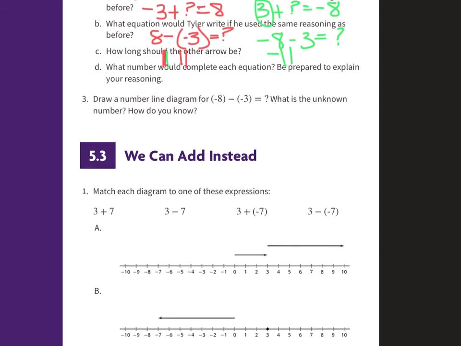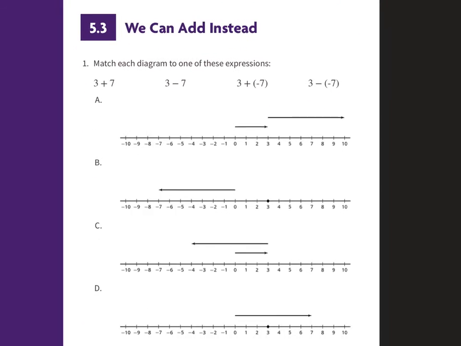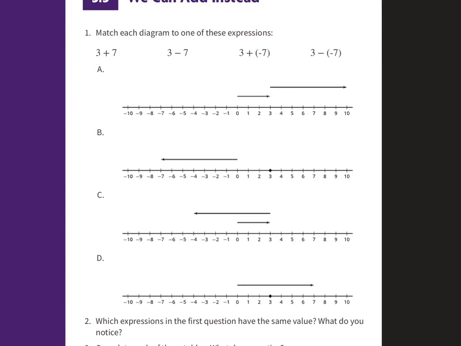Okay. Match each diagram to one of these expressions. This is on the bottom of page 45 and the top of page 46. So 3 plus 7. Well, that one's fairly simple, right? We're adding 2 positive numbers, so they're both going to go to the right. 3 minus 7. So we start at 3, and then we subtract 7.